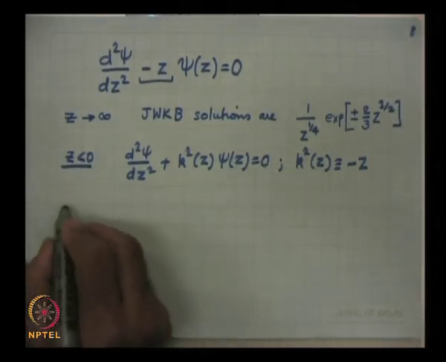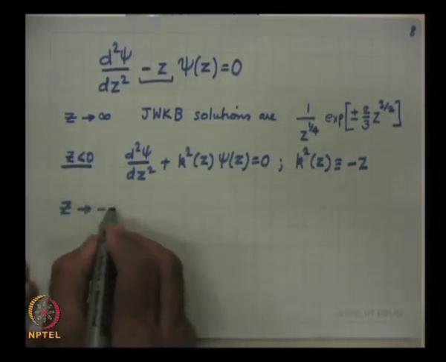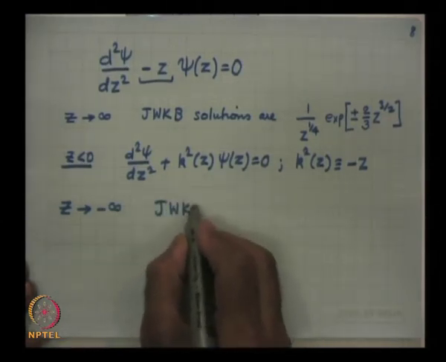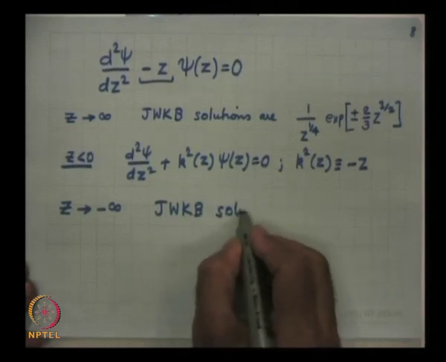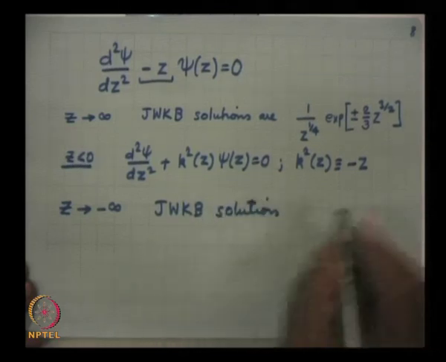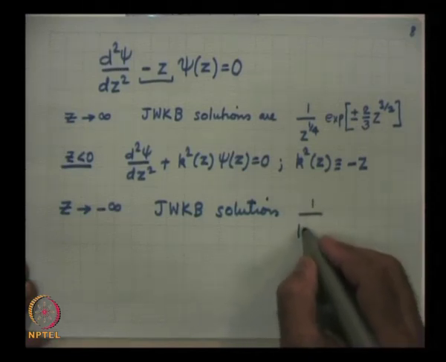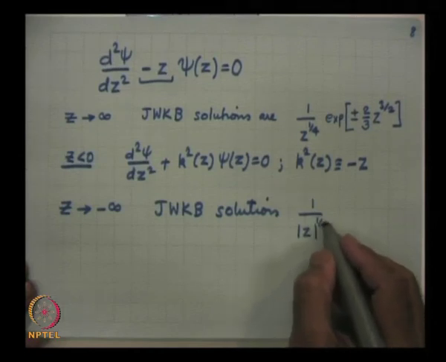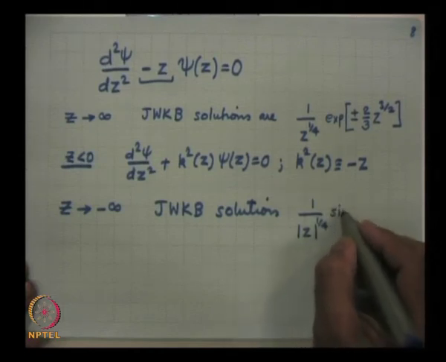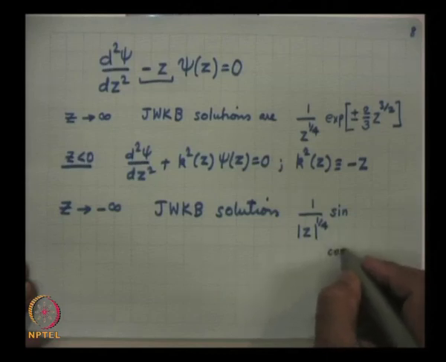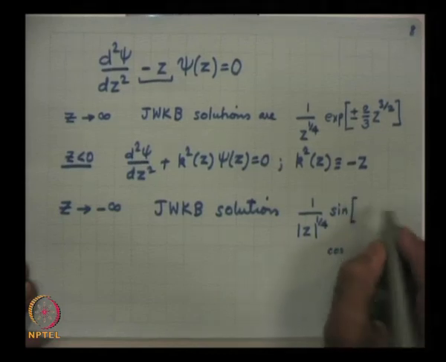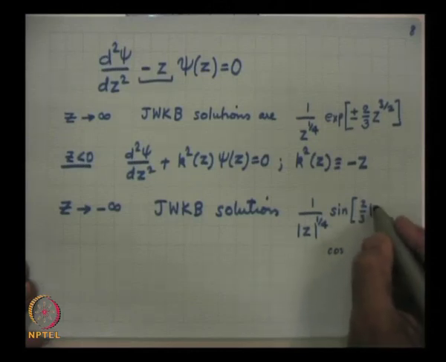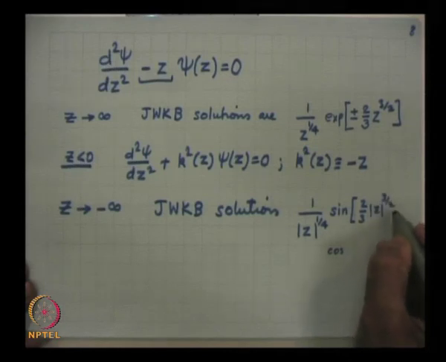And then as z tends to minus infinity, the JWKB solutions are 1 over mod z to the power of 1 by 4, and then sine or cosine of 2/3 mod z to the power of 3 by 2 plus phi.